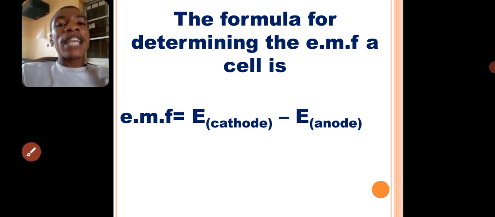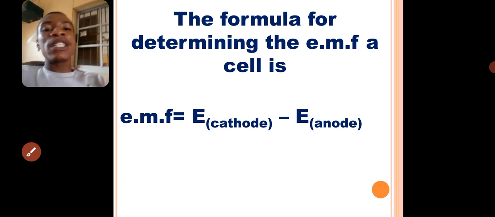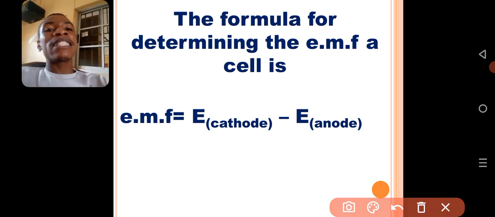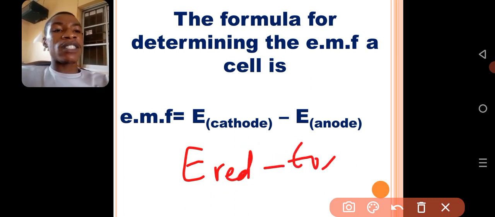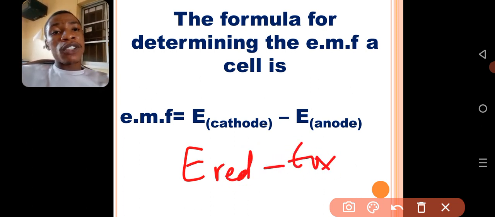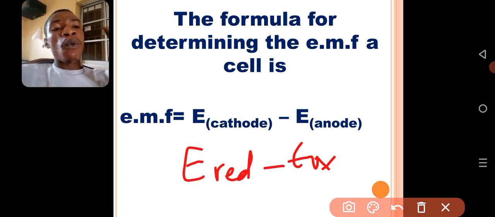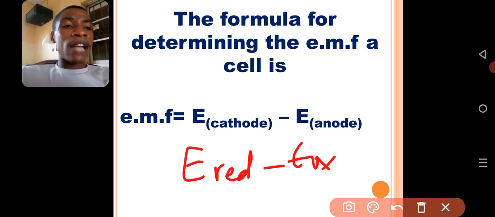So the formula for EMF is E cathode minus E anode. Some textbooks will tell you that it is E reduction minus E oxidation. No problem, because reduction occurs at the cathode, whereas oxidation occurs at the anode.